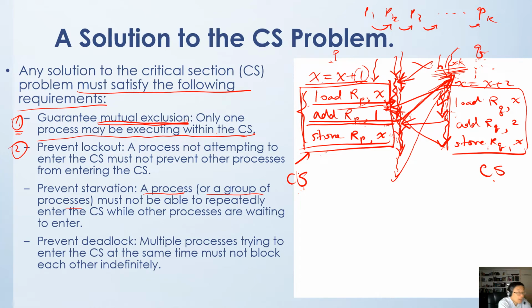If a process is waiting to enter the critical section and it's always blocked because other processes are running in their critical sections, this is going to cause starvation. So if you implement any critical section solution, you have to figure out how to prevent starvation.